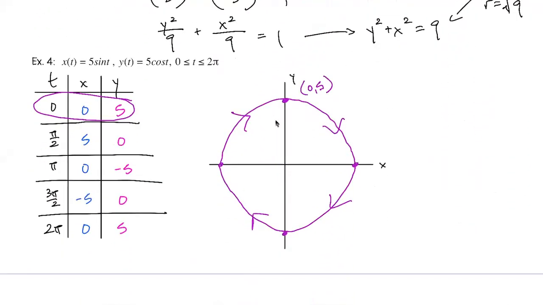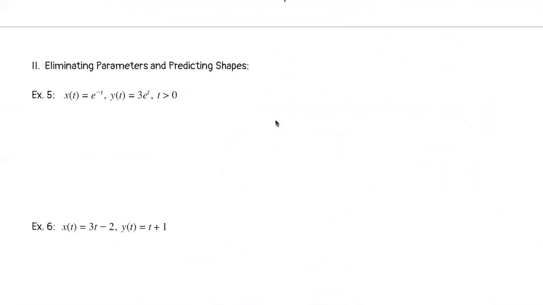All right, so let's take a look at eliminating some parameters and starting to think about what shapes might occur, okay? So let's take a look at example number 5. For examples 5, 6, 7, and 8, I want us to be eliminating the parameters, okay?